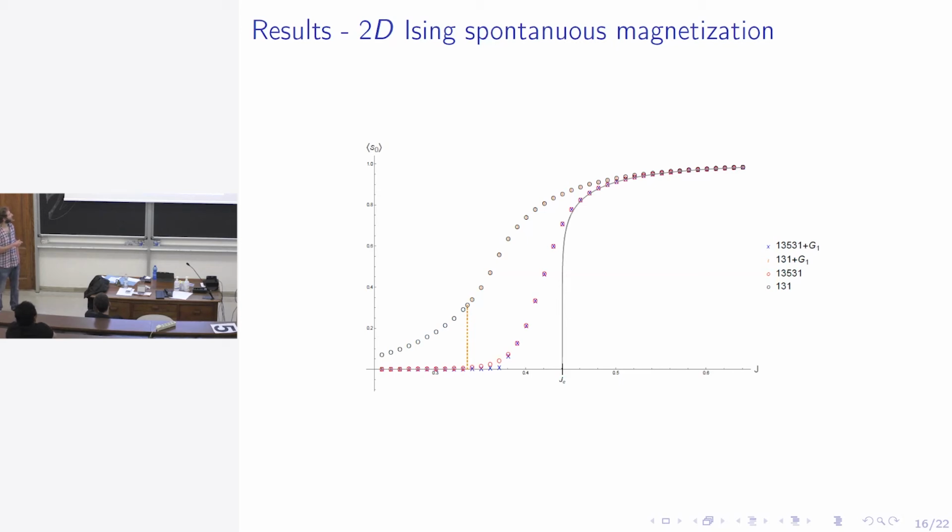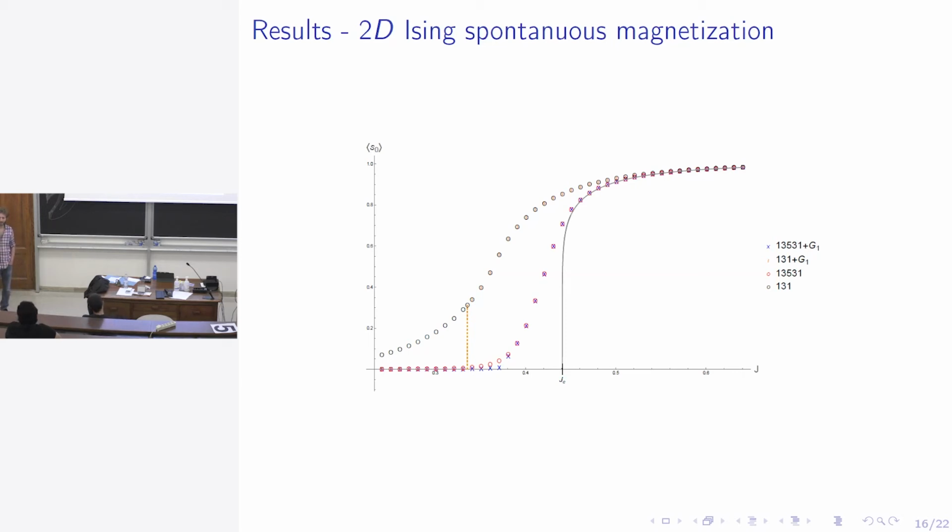So here, sorry, maybe I should explain what you're seeing. You see the orange ones, the 1, 3, 1 plus first Griffith, are essentially equivalent to the one without Griffith inequality until some value of J, and then it pushes the max bound to 0, to very, very small numerical values.